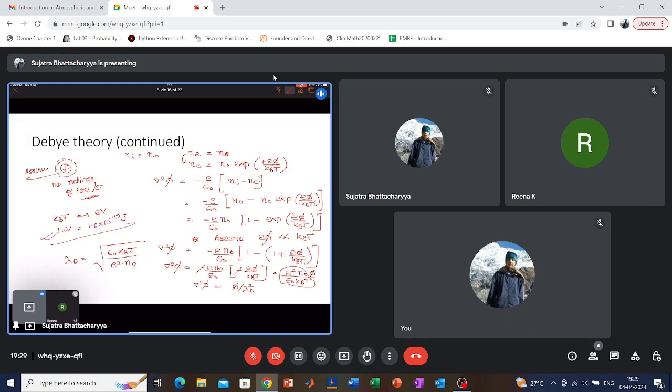When a test charge is there also, still it is the N naught net, and epsilon naught is the permittivity of free space, kB is the Boltzmann constant, T is the temperature of the plasma, E square is the electron charge, which is of same unit but in coulombs. Okay, so this is the Debye length.